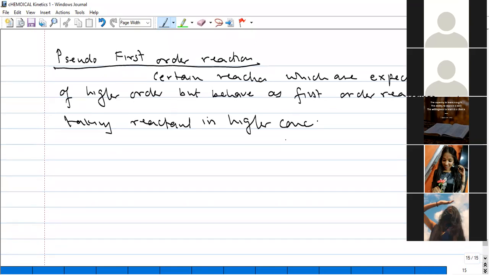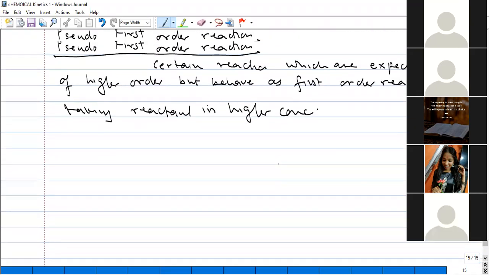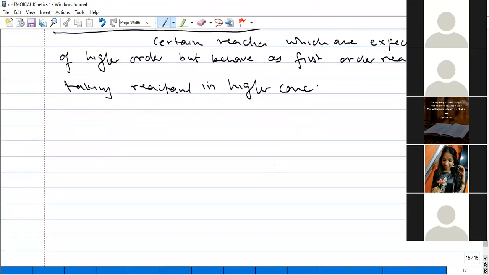For example, if you take A plus B gives C, the rate law for this reaction is K[A][B]. That means order is 2.